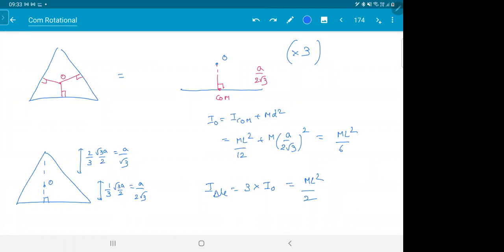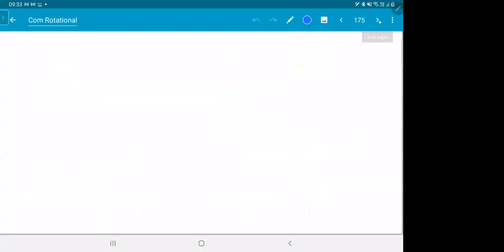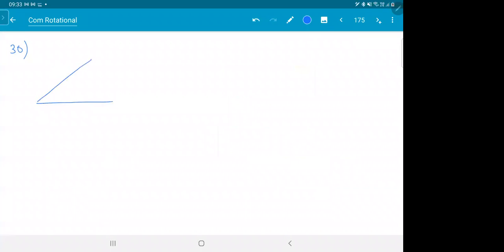Let's see one more. Turn the page. Square plate about the corner.